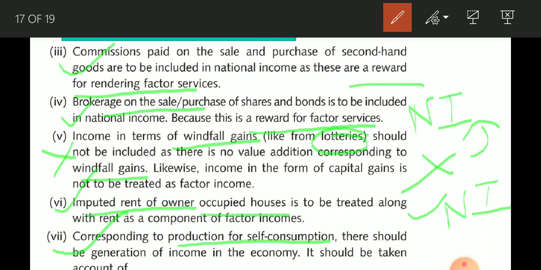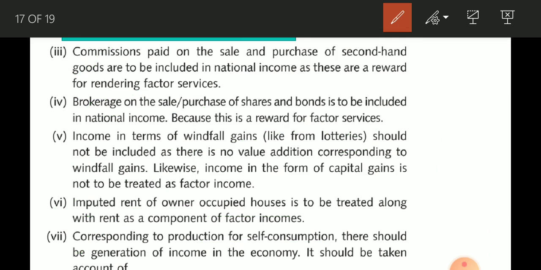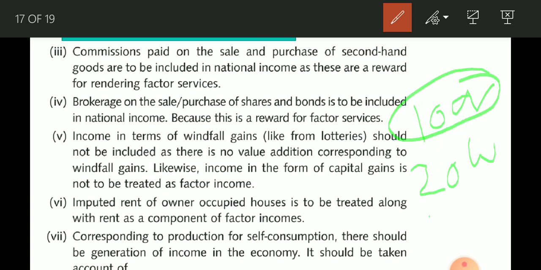Example: suppose a farmer produces 20 quintal of wheat, keeps 10 quintal with himself and sells 10 quintal in the market. So the imputed value of the 10 quintal kept will be added in national income.